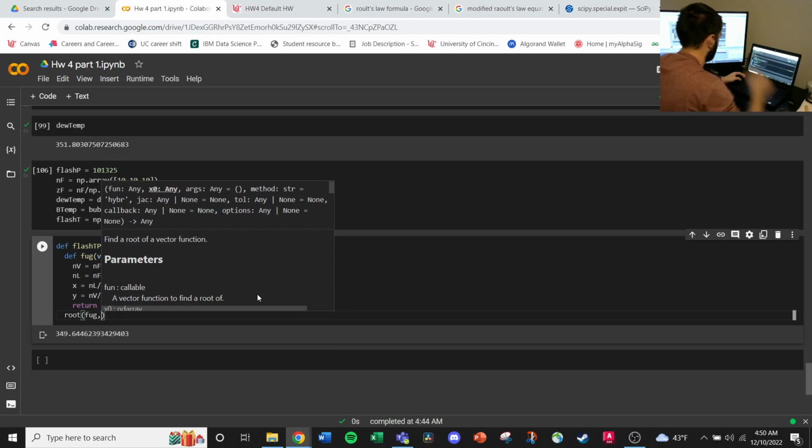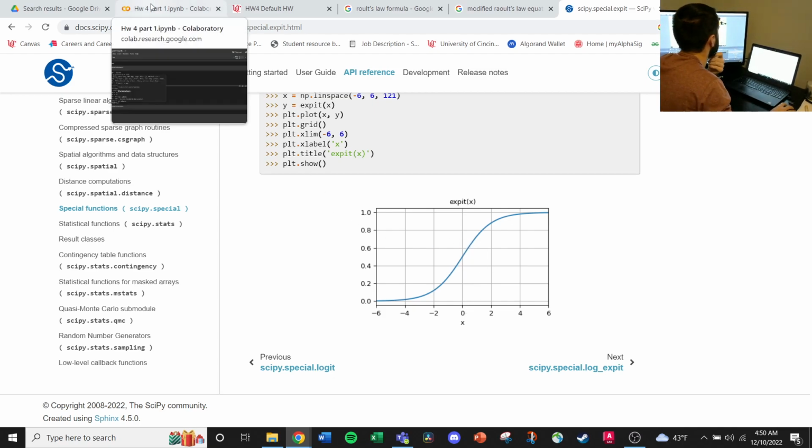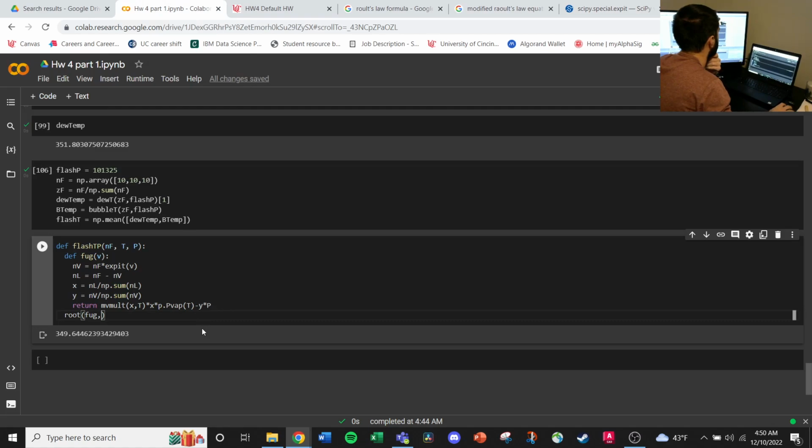And for our initial guess, we can just guess that like 50% gets vaporized. So if we look at 50% here on our transformed variable, it's actually going to be at 0. So we just want to guess zeros. So we can just do np.zeros.